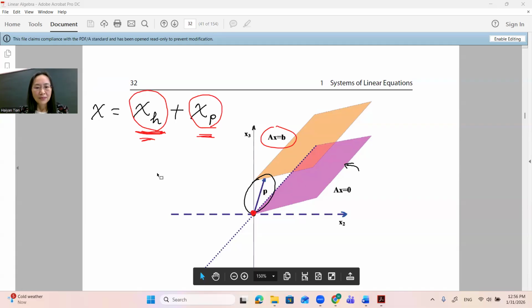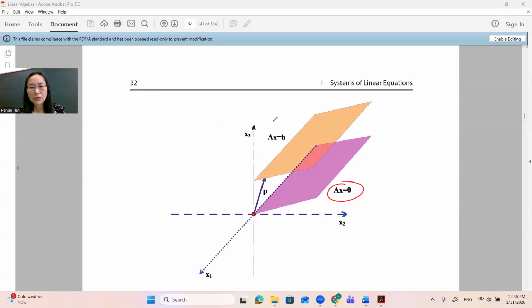So that means we see solutions to homogeneous and solutions to the non-homogeneous, and they are two different sets, right? They are two different sets, and the two sets do not have common elements, because the solution of homogeneous must add a constant in order to be a solution of non-homogeneous.